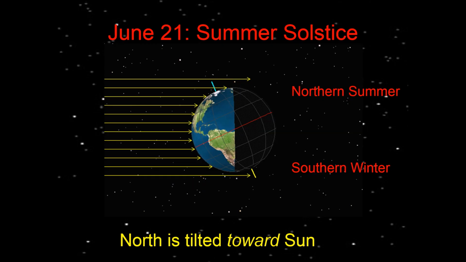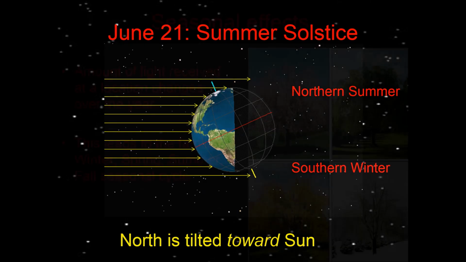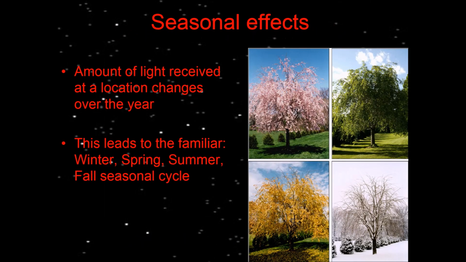And June 21st, for the northern summer solstice, you can see we're pointed towards the sun. So why does that make a difference if we don't actually change our distance from the sun? The reason being that the amount of light we receive at any location changes over the year. So here's our familiar, in most places other than the equator, cycle of winter, spring, summer and fall.